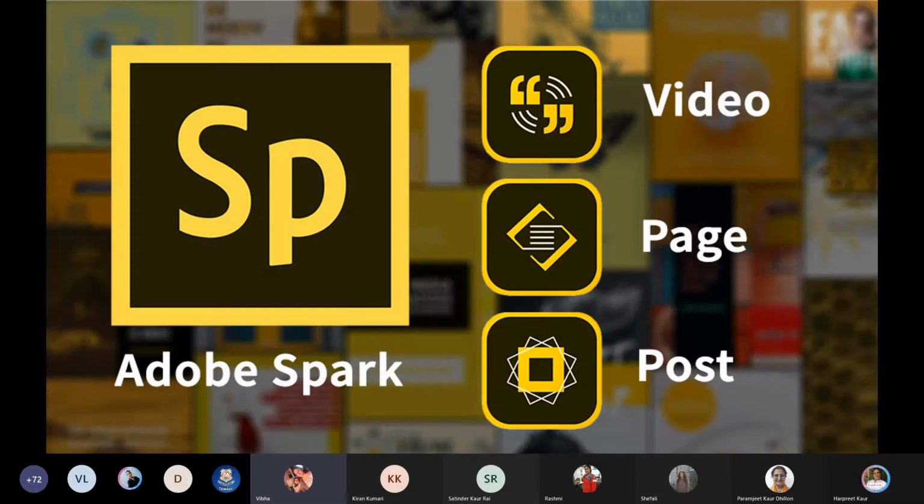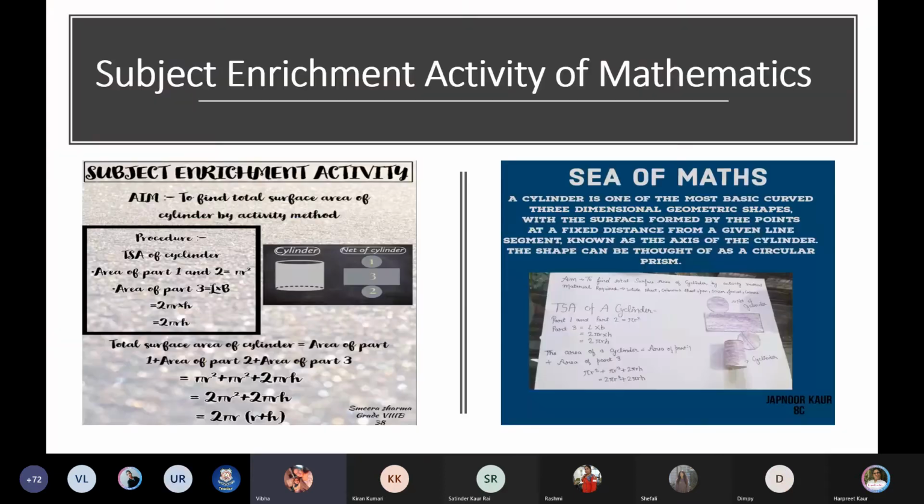Now, next is Spark Post. Yes, it's again a very well known tool for all of us. Miss Vandana, the maths teacher of class 8th, has taken her subject enrichment activity through Spark Post. Students have made the Spark Post, means they have used both ways.